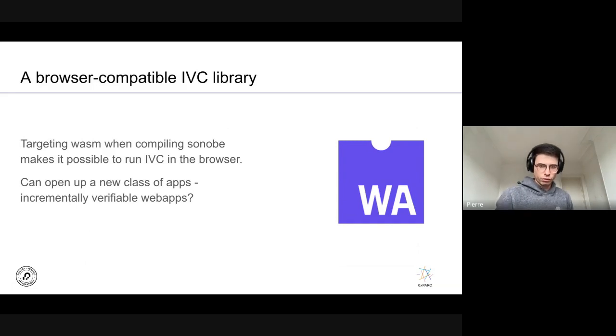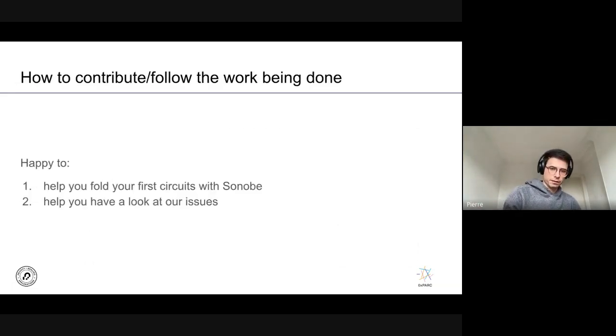If one of you wants to try that, I would be happy to help. You can definitely contribute and follow the work being done, and I would be happy to help you fold your circuits with Sonobe and to have a look at our issues. But this is going to basically be the next part of this workshop.